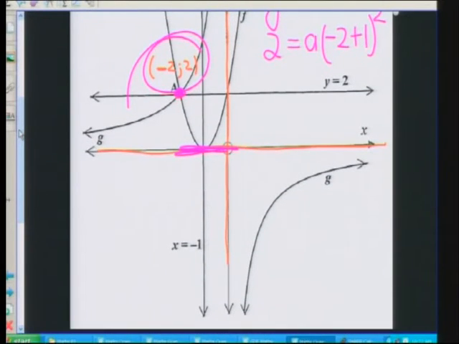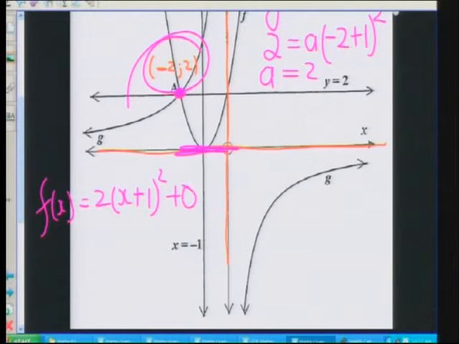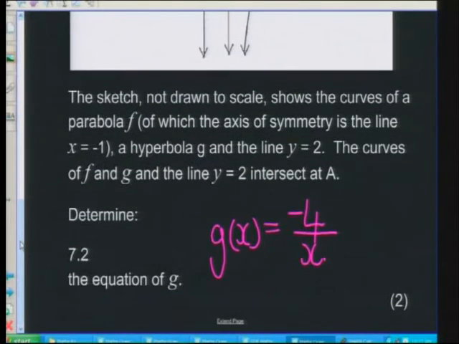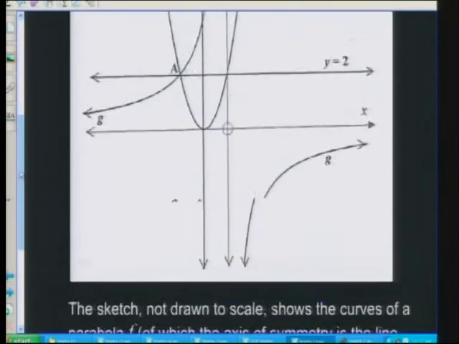And then -2 plus 1 is -1, but -1 squared again is 1. So a is equal to 2. So the equation of my parabola, I think it was called f, is f of x is equal to 2(x plus 1) squared. And if you want to write the q, you can write plus 0, because the question did in fact, oh, I haven't actually gotten to that question yet, so there we go.